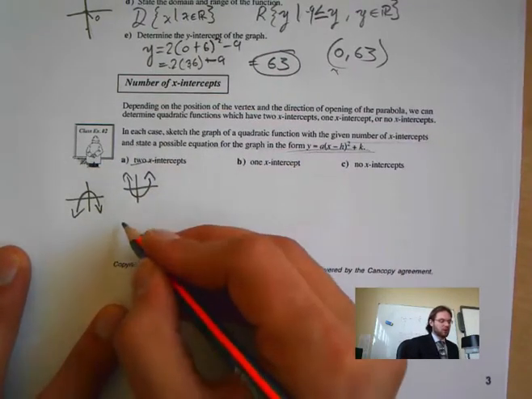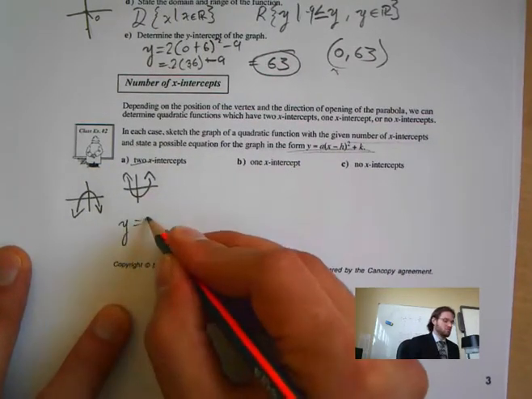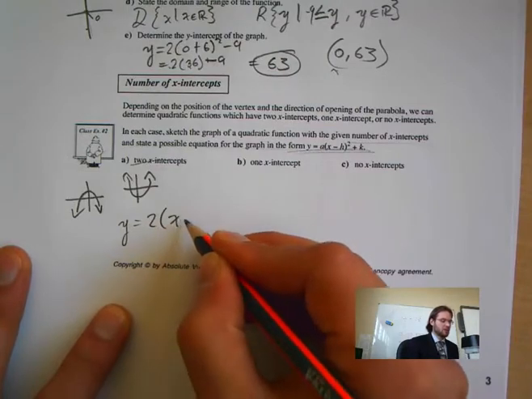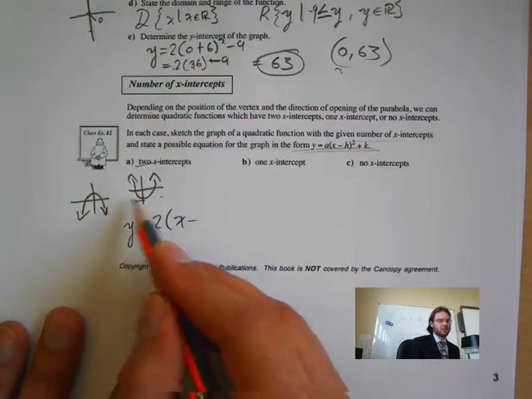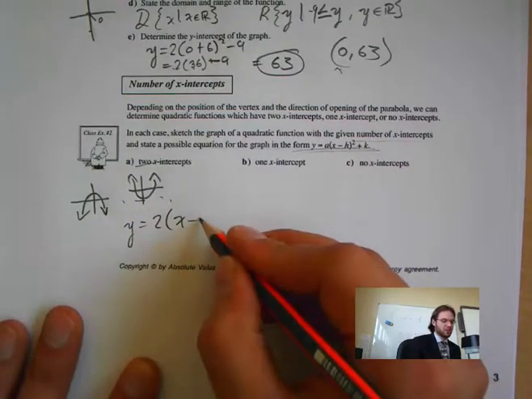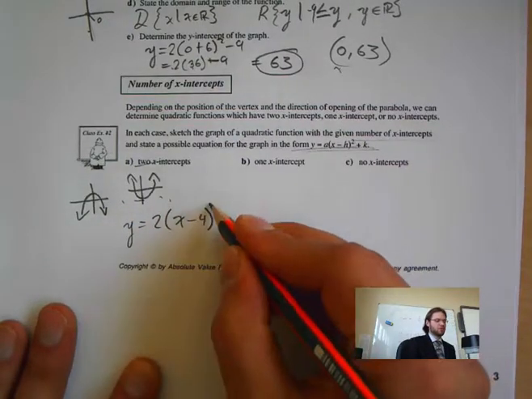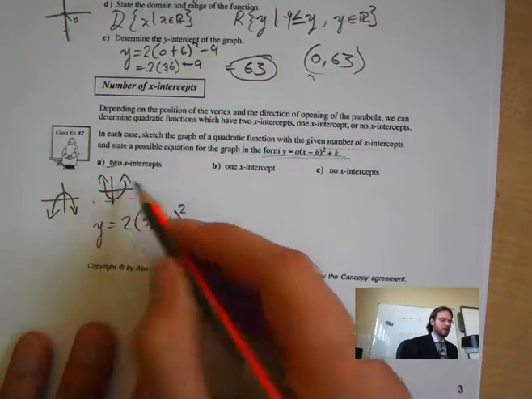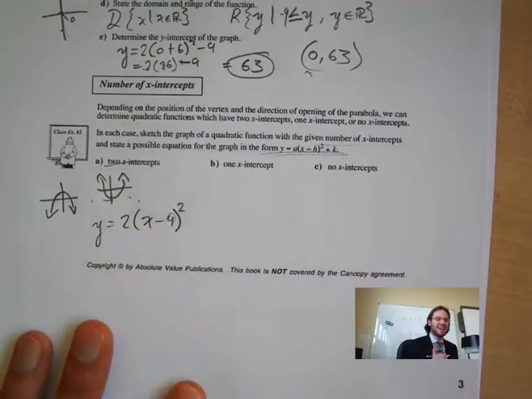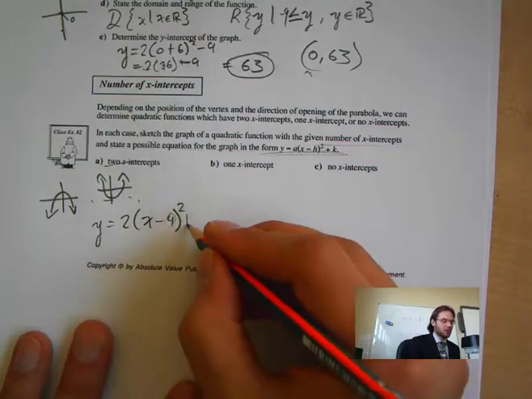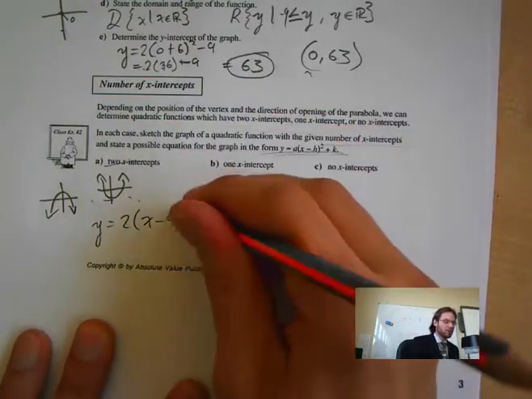If a is positive, I'm going to say y is equal to 2(x minus 4) squared. My h value doesn't matter, but my k value does matter. Does my k have to be positive or negative?